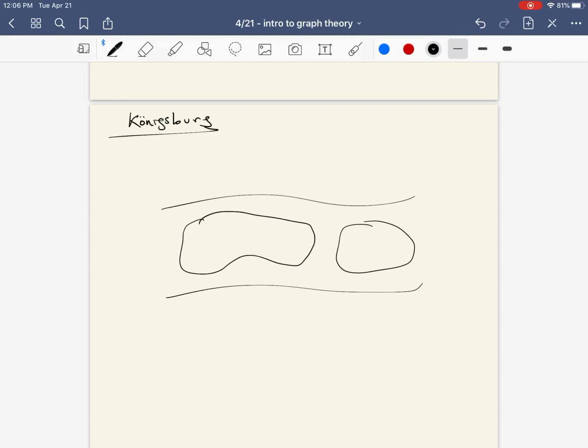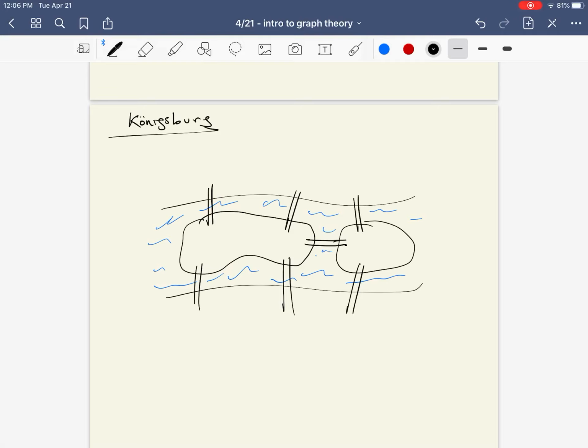And the bridges were like this. There was one bridge going from the west side of the big island to the north shore, another bridge from the east side of the big island to the north shore, and another bridge on either side of that one. Say we have the downtown up here.